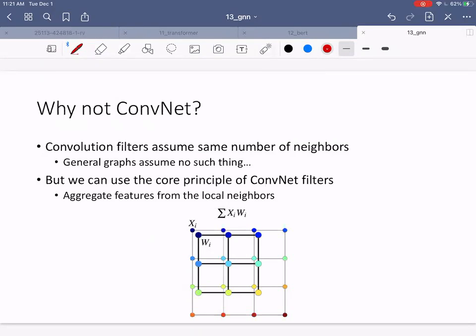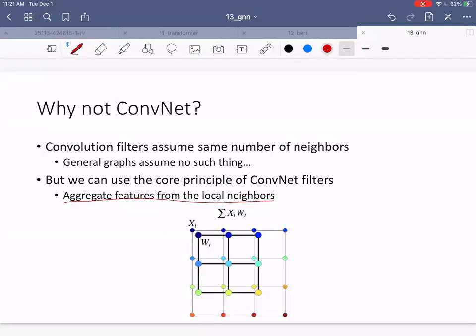What a convolutional filter does is basically aggregate features from the local neighbors. That's the essence of convolutional filters. It's just local information that really matters in images and also in graphs, because as I said, images are graphs, actually.